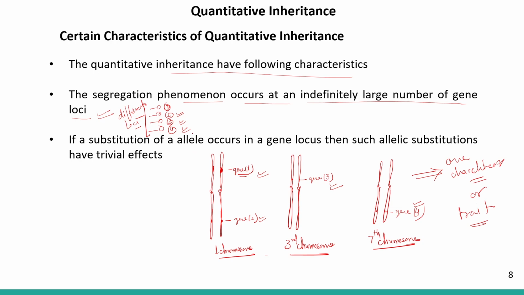The segregation phenomena occur at an indefinitely large number of gene loci. So we have a large number of gene loci. If a substitution or allele occurs in a gene locus, then such allelic substitutions have a trivial effect, meaning no effect.